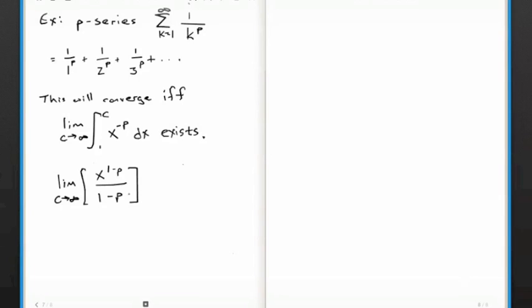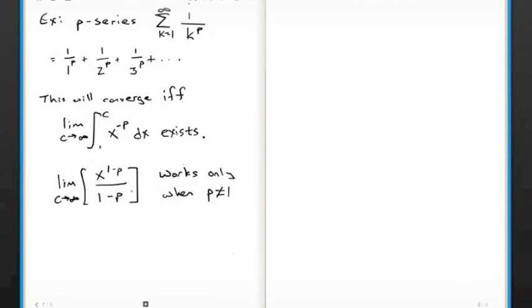Now, this will obviously not work when p equals 1. It works only when p is not equal to 1.